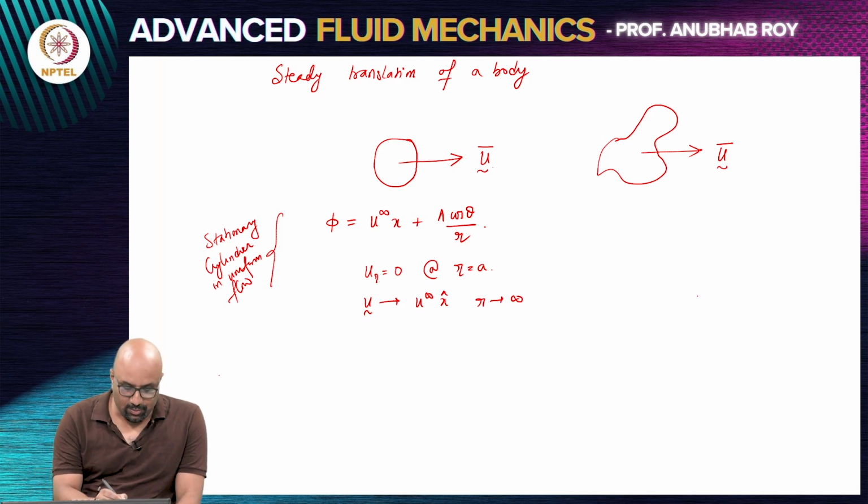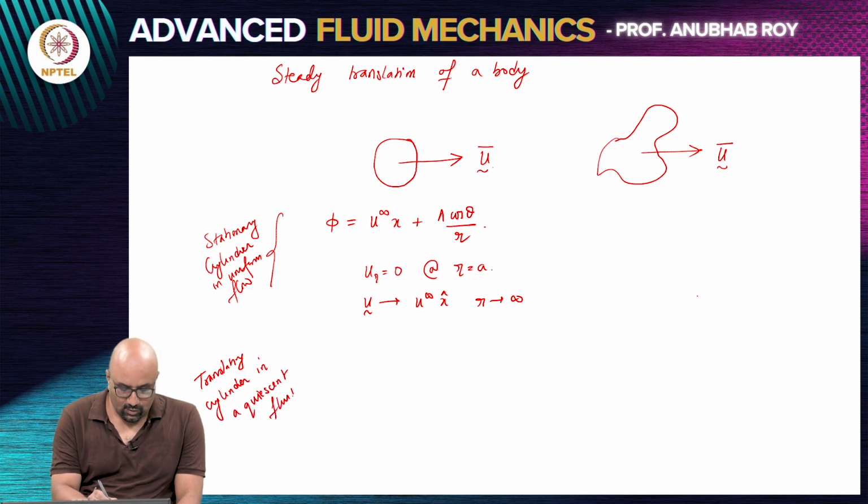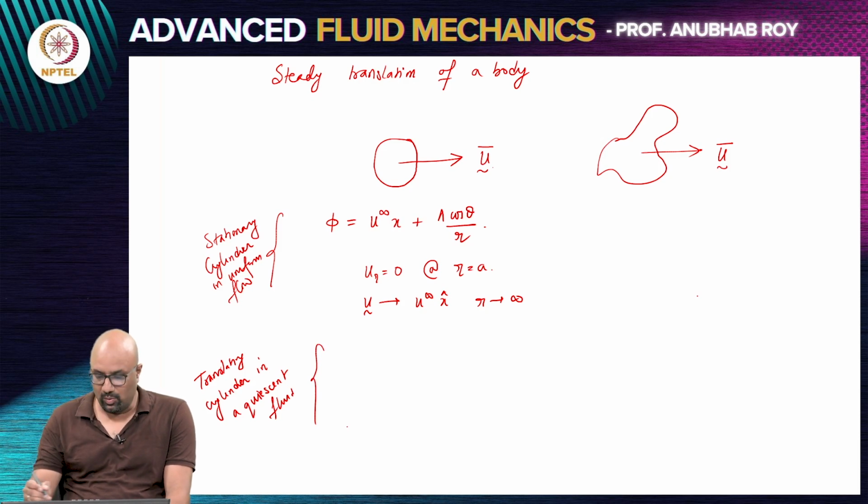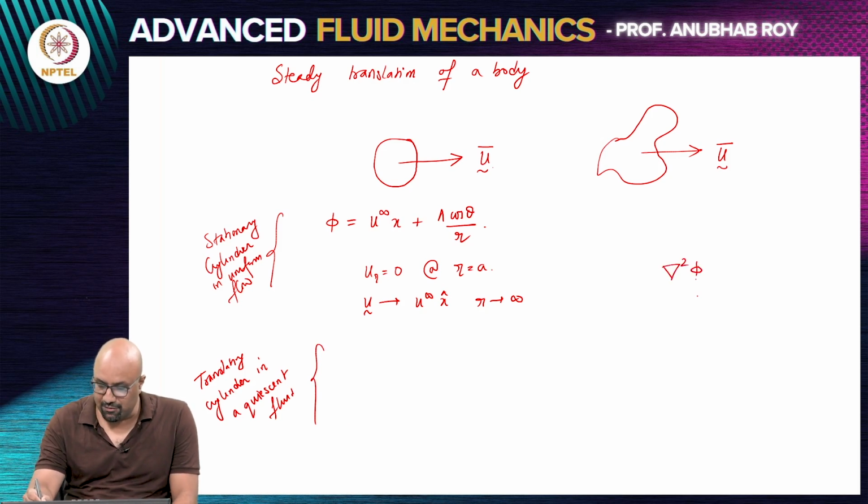Now if you do the problem where there is a translating cylinder in a quiescent fluid, so the fluid is at rest, no change happens to the equation. The equation still continues to remain del square phi is equal to 0.